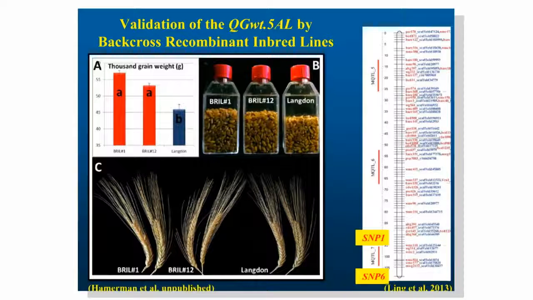You can see the near-isogenic lines that show higher 1,000 grain weight compared to the Langdon, the domesticated wheat control. The shape of the spikes, because it's a near-isogenic line, is identical to the control. But still, you get higher weight and higher volume. Those are 500 seeds. We counted each.